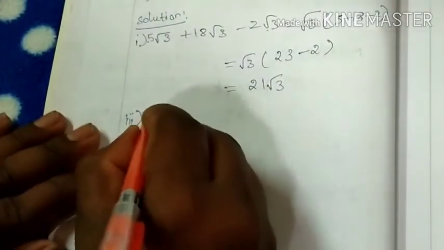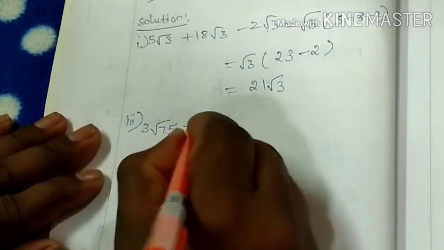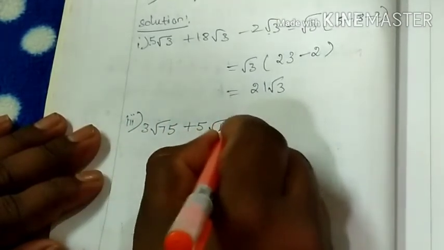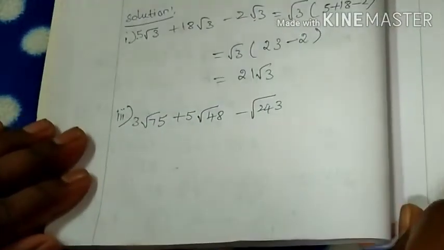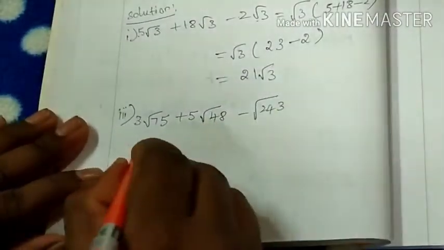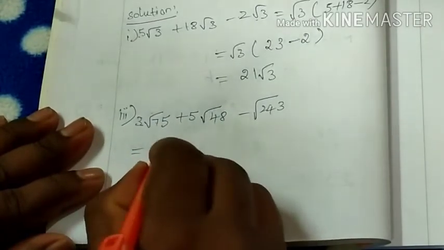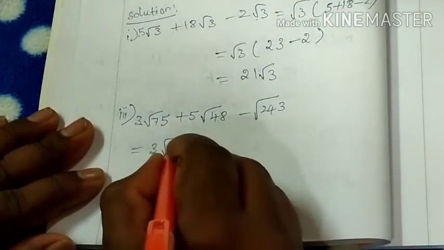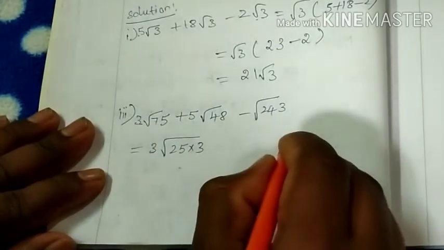The solution of the third question: 3 into the root of 75 plus 5 into the root of 48 minus the square root of 243. This is your question, which is equal to 3 into the root of 75. The 75 can be written as 25 into 3, 25 3s are 75.